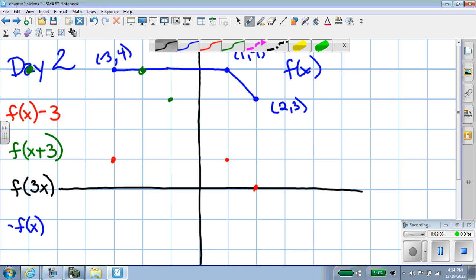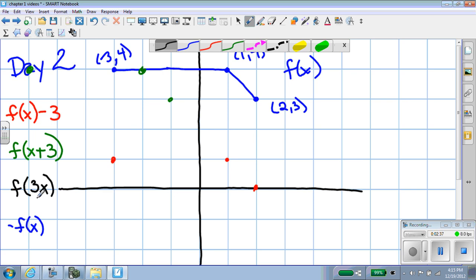So now we want f of 3x. Okay, so I'm going to be creating a horizontal stretch that is, 3 of them have to fit in the space that one is currently fitting in. So what I'm going to have to do is take my x coordinates and make them 1/3 of what they currently are.